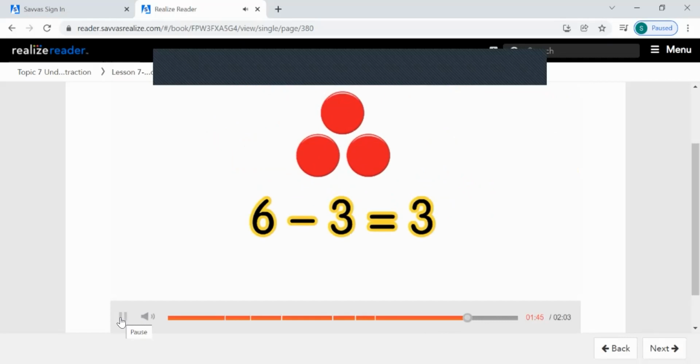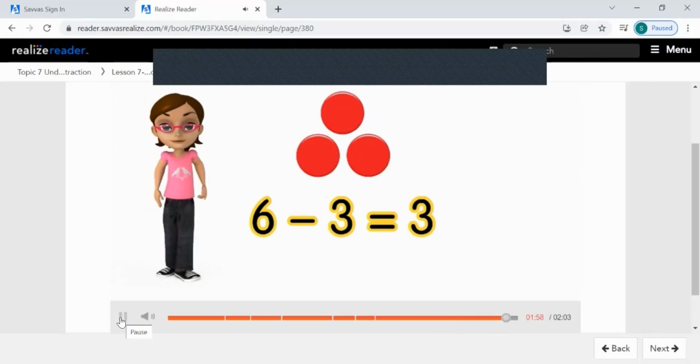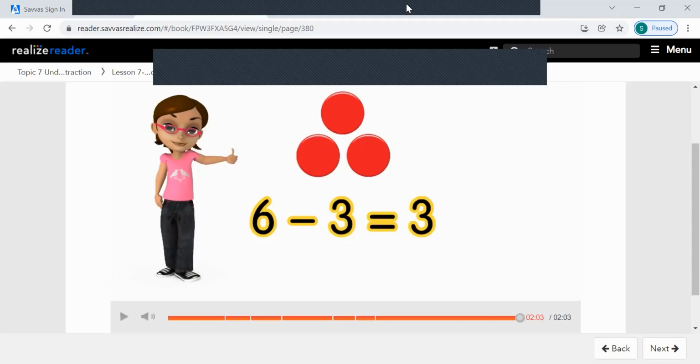Does this number sentence mean the same thing as 6 subtract 3 is 3? Yes, they mean the same thing. You have learned about subtracting a part from a group and finding the difference. Okay, let's go to the bottom of our page.